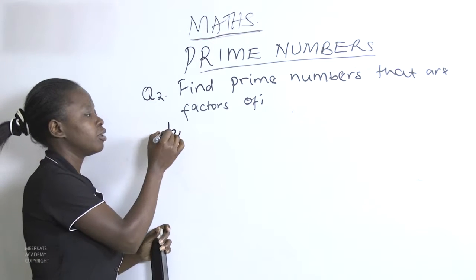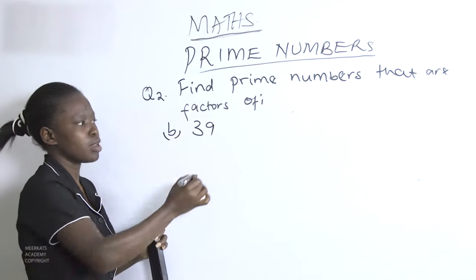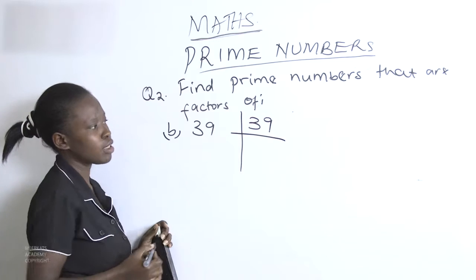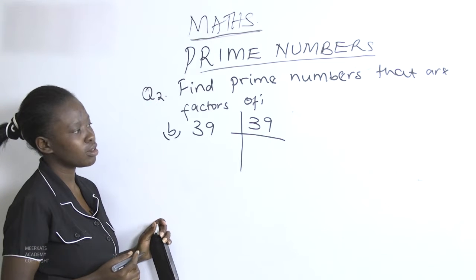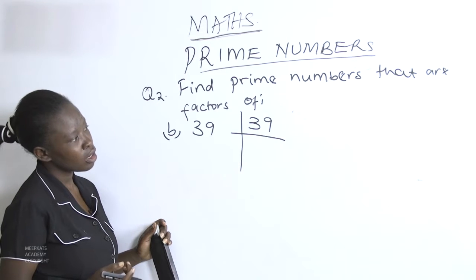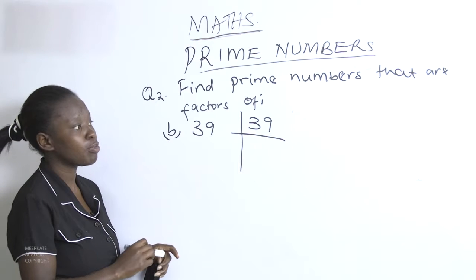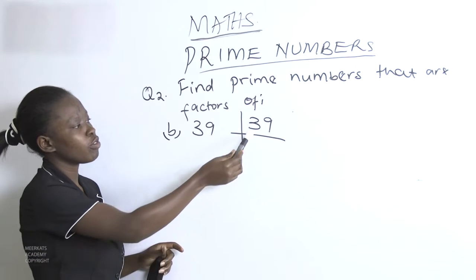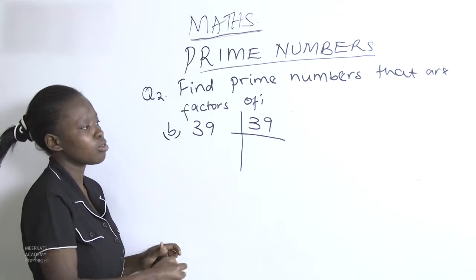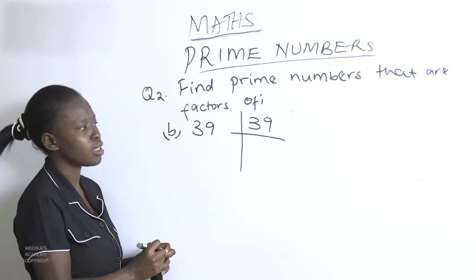Another number we have is 39. We are required to find out which prime numbers are making up 39. We start with the divisibility test, and from the divisibility tests, we already know the test for 2, 3, 4, and so on. 2 being the smallest prime number, we check if this number is divisible by 2, and we discover that our last digit is 9, so the number is not divisible by 2. The next prime number is 3.